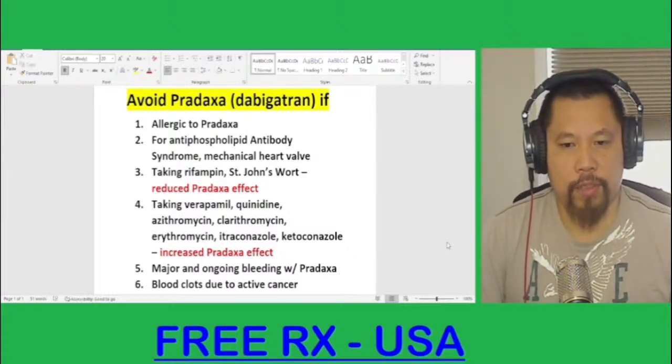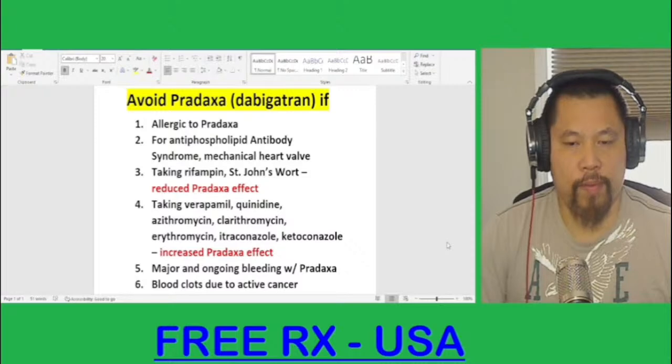These medications may reduce the Pradaxa effect. Verapamil, quinidine, erythromycin, ibuprofen, and ketoconazole might increase your Pradaxa.